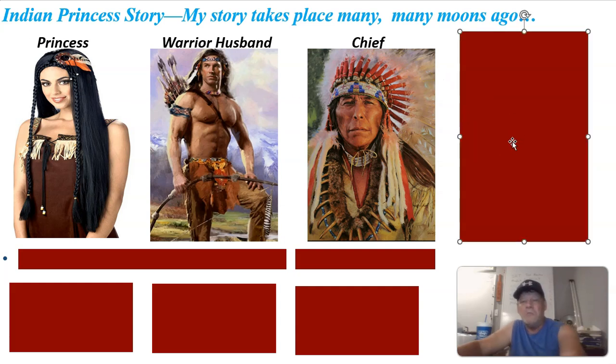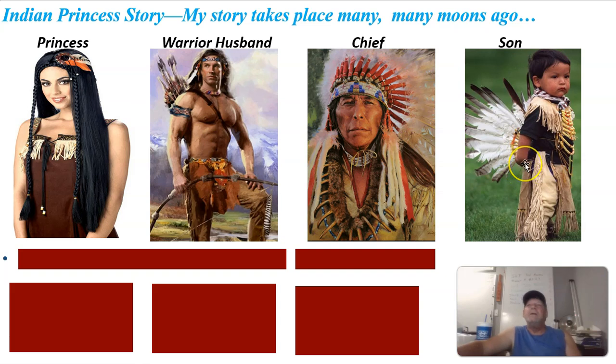So here's the son. Now, just like the warrior husband who was the strongest and most brave warrior of all, their son happened to be the fastest runner out of all of the Indian children.